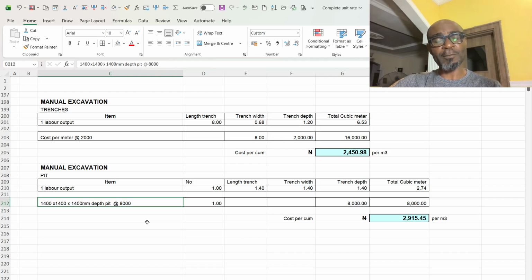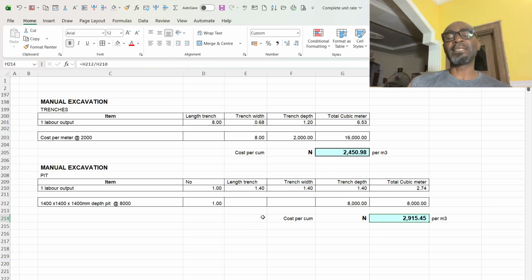He's charging me 8,000 per pit. So if you divide 8,000 by 2.74, your cost per cubic meter for pit will be 2,915 naira 45 kobo. Like I said, it's straightforward, but this is the way you need to approach your manual excavation.